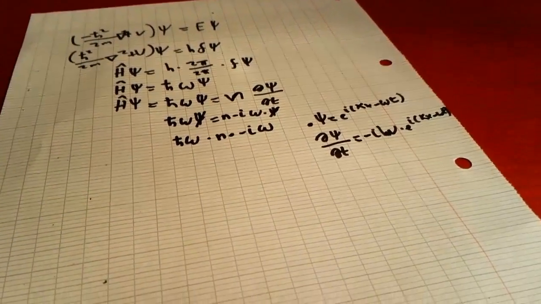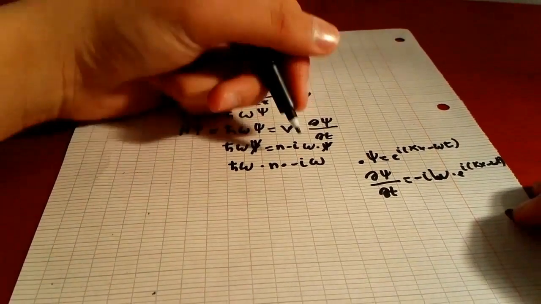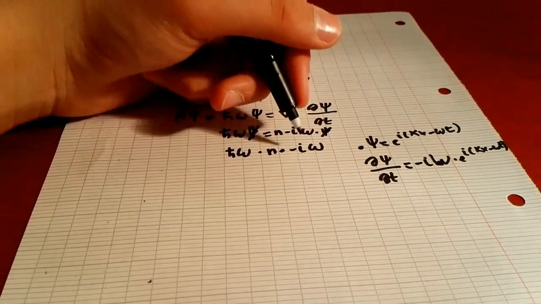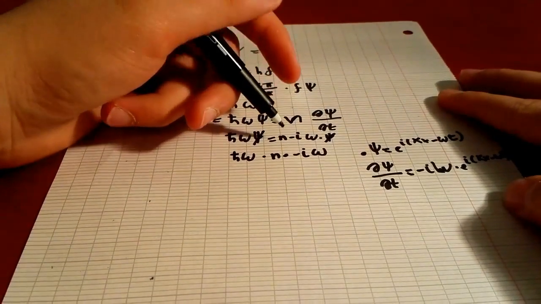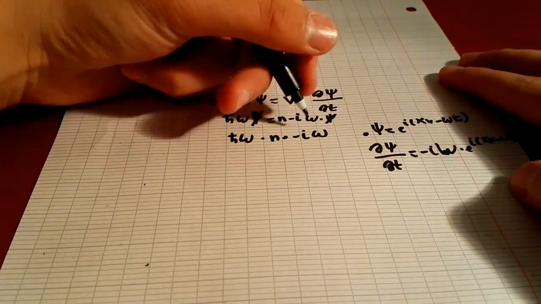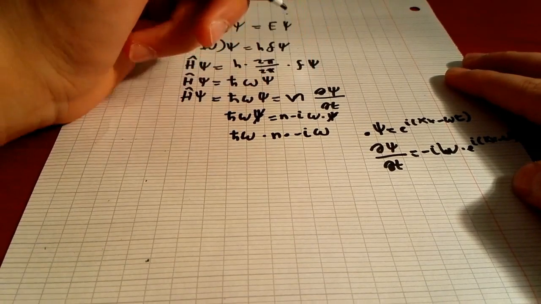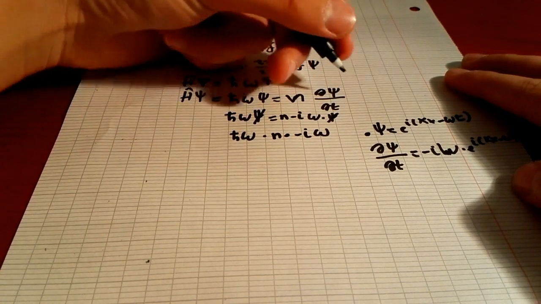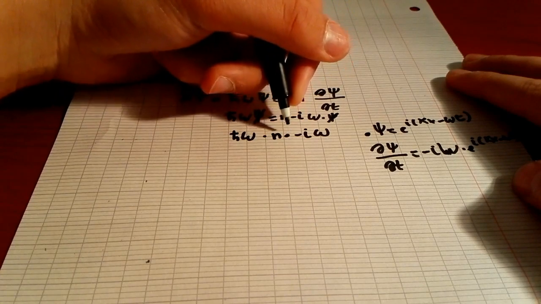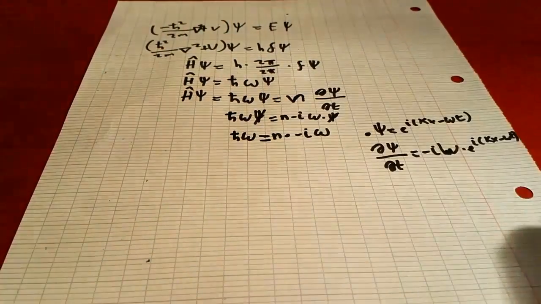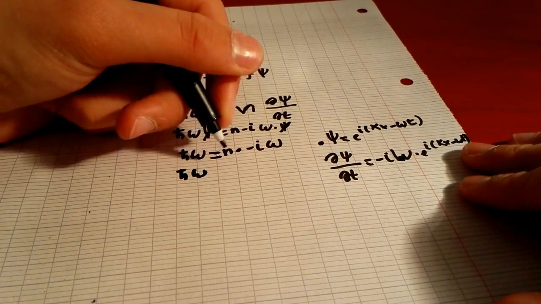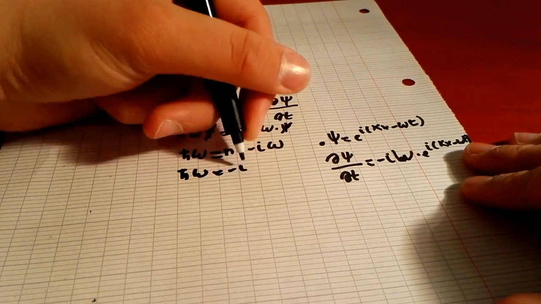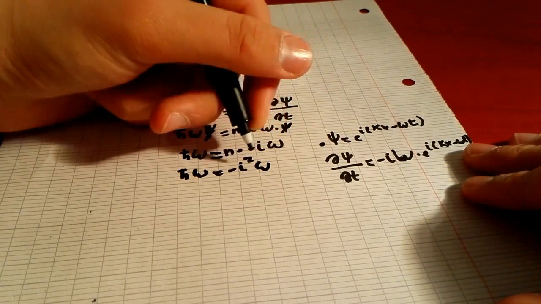Okay. So what do you have to multiply by minus i omega to make it h bar omega? So if we multiply by i, let's say n is equal to i, we get that h bar omega is equal to minus i squared omega.